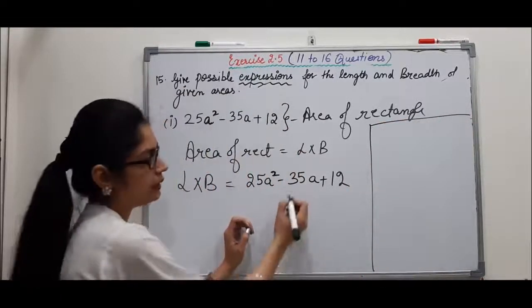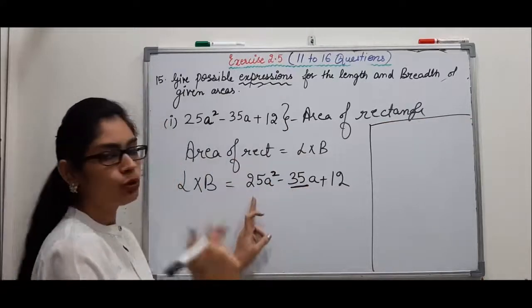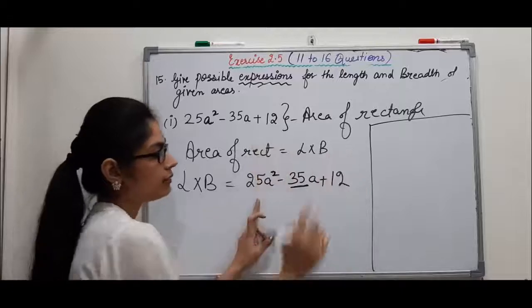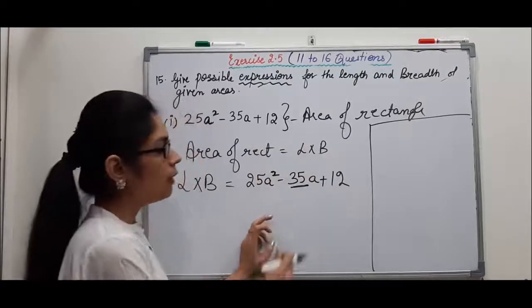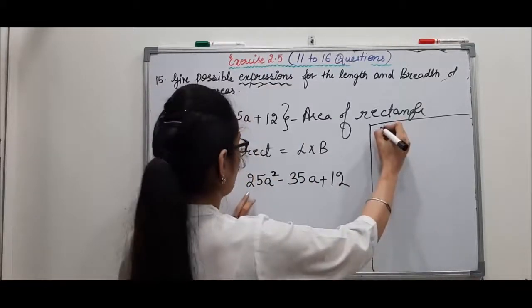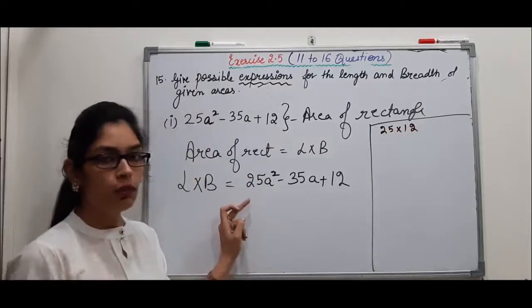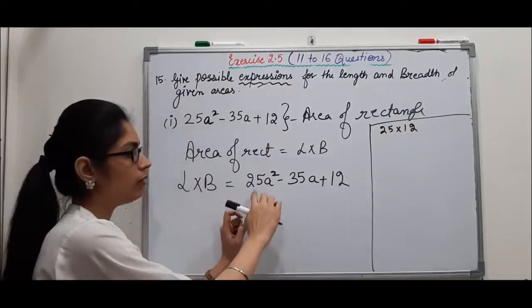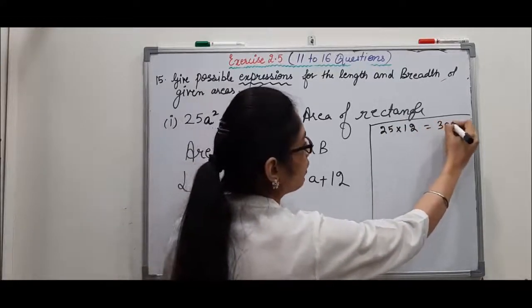Splitting the middle term means this term we have to split in such a way that its product should be equal to the product of the first and last term, and its addition or subtraction should be equal to the middle term. So let's start. First of all, write the product of the first and last term. The first term is 25, we don't have to write the variable, so I will write only 25, and the last term is 12. So this is 300.